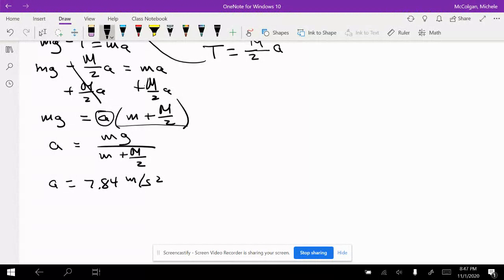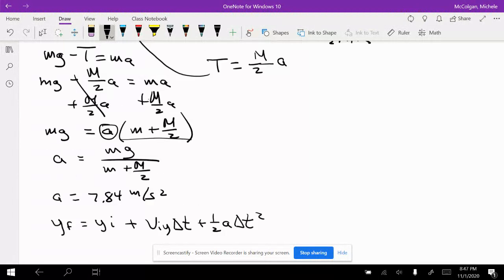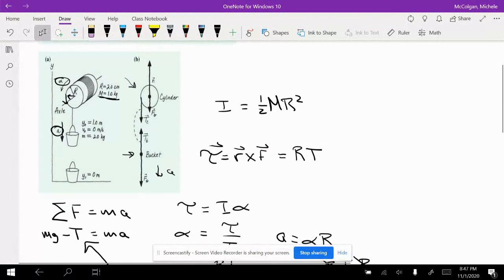Now I need to use a kinematic equation: y final is equal to y initial plus v initial y delta t plus 1/2 a delta t squared. Let's go back and look at our picture so we can figure out our y's. We'll notice that our a is pointing down, so I'm saying positive y is down.